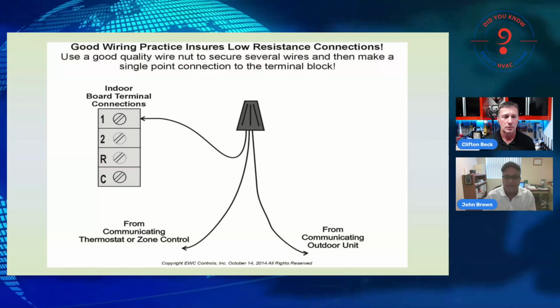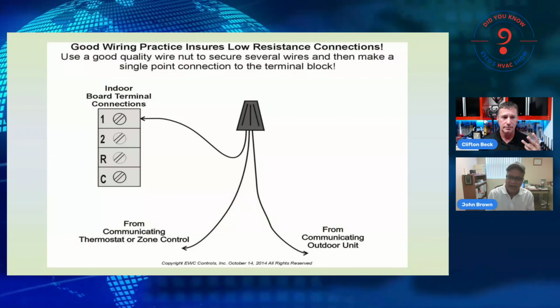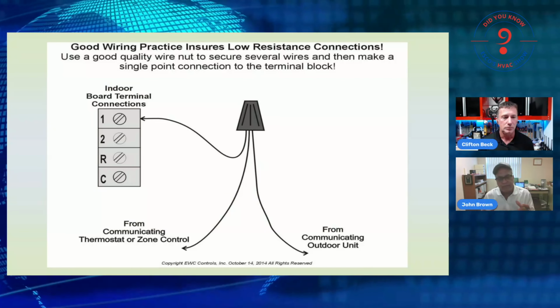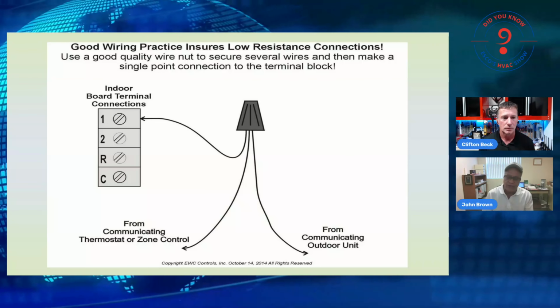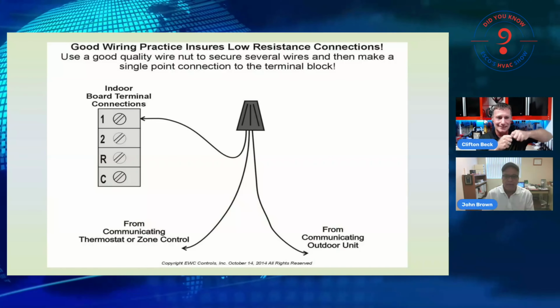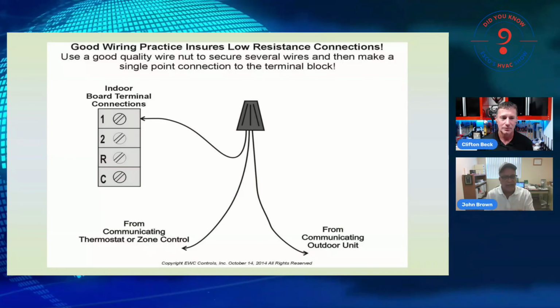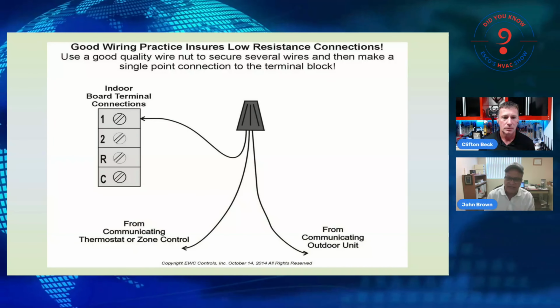And if you have different conductor types, that is, you have stranded going outside, solid inside, you can't put these two different conductors into a single terminal block because the cage is not going to capture both of them properly. So the image you see in front of you is a best practice.